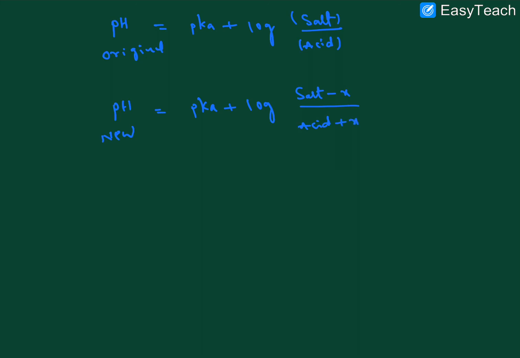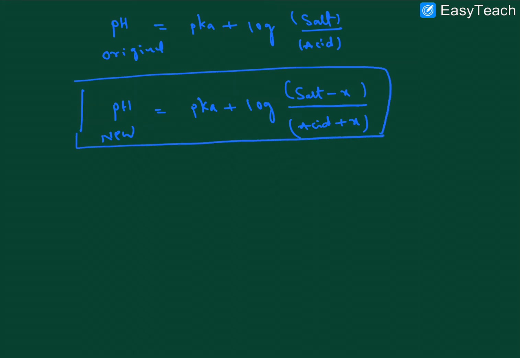So this is the concentration of these ions. After adding acid, we have to use this formula to calculate the pH. I hope it is clear.